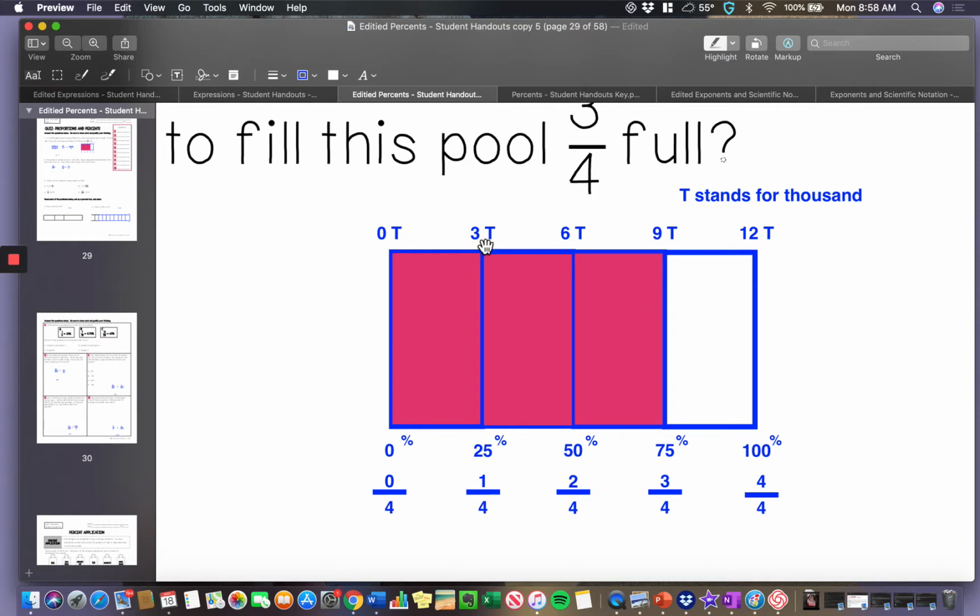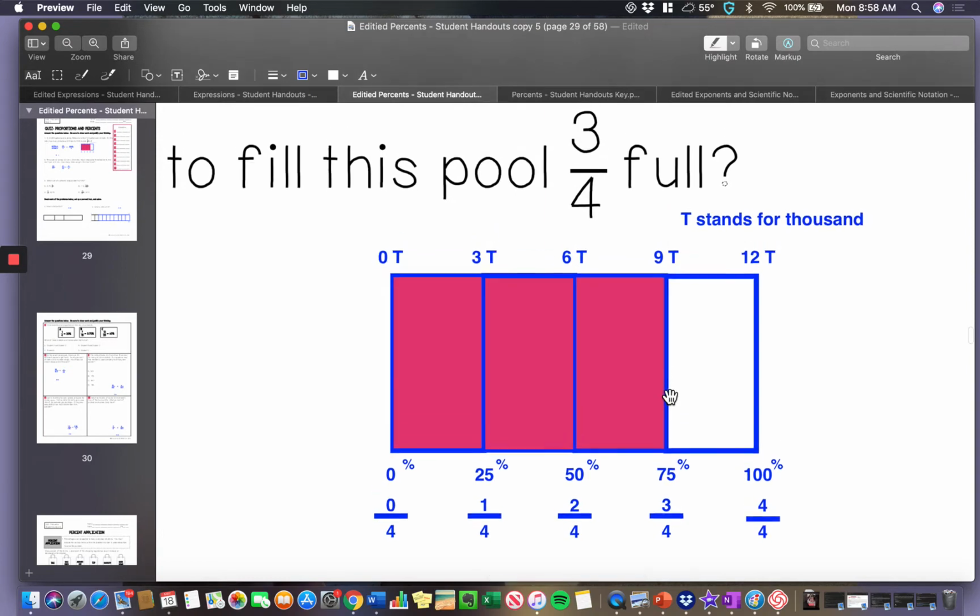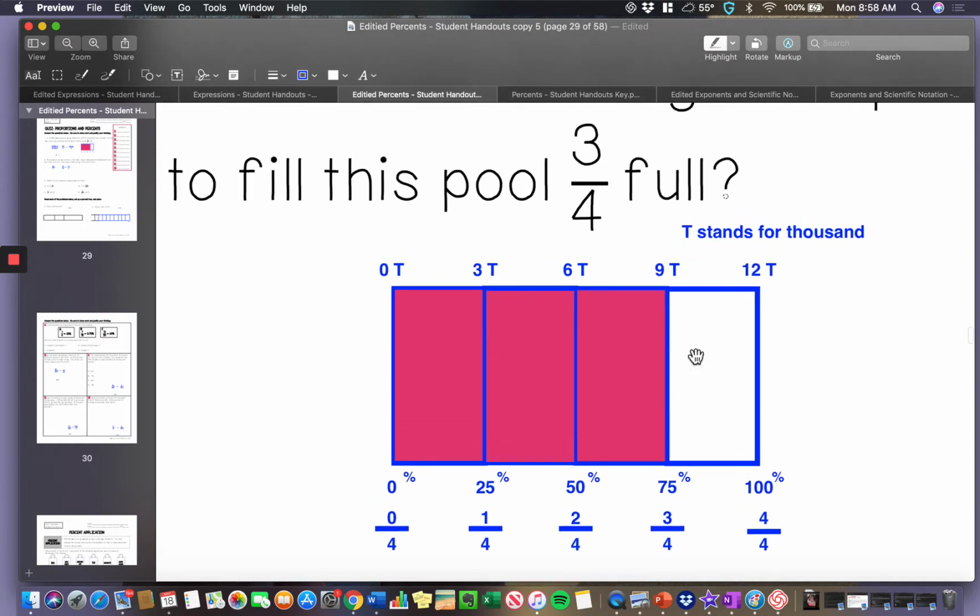It is 3,000. Okay. In this case, we have a 12,000 gallon pool, and we want 3/4 of it, or 75% of it. So we have 9,000. I've broken up the whole thing into fourths because my fraction was fourths, and I wanted 3 of those fourths.